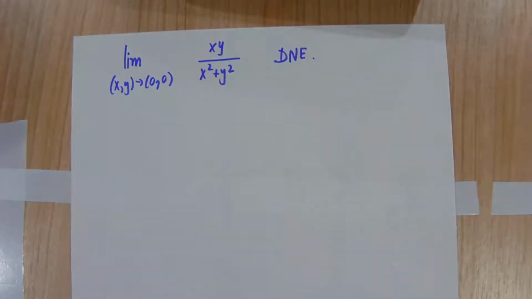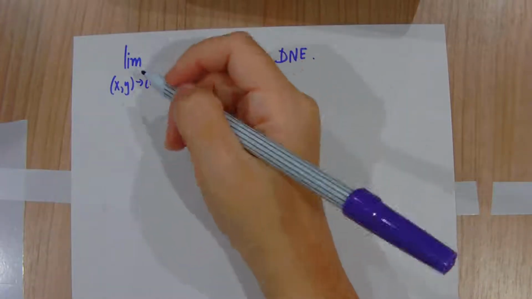Okay, so we continue from the last episode to show that the limit of these functions does not exist. This is the first technique that we will show.